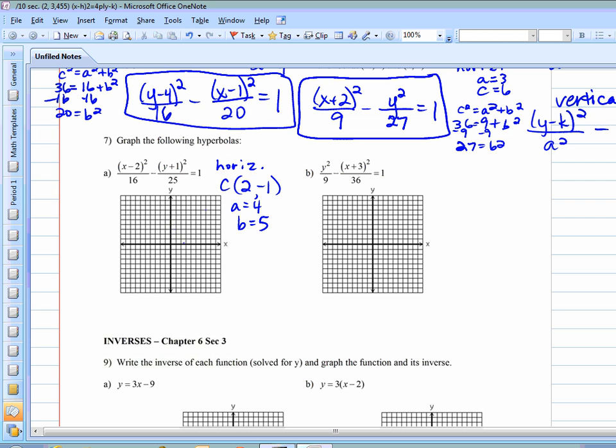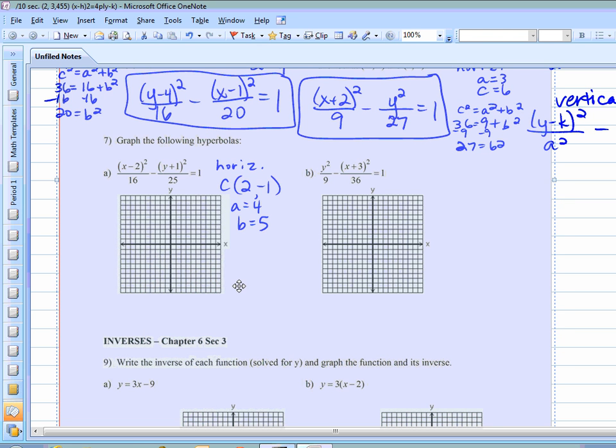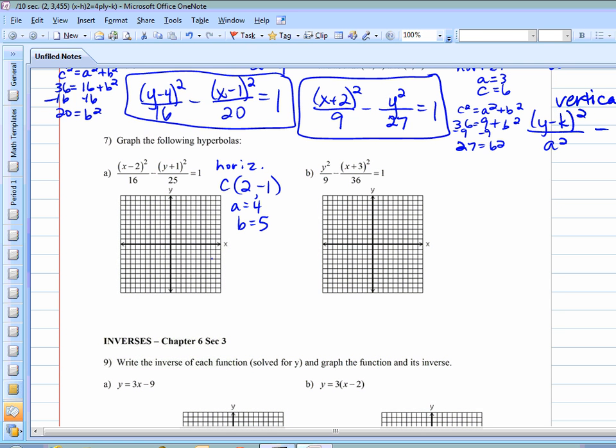We have 2, -1 is our center. Because it's horizontal, we have to go horizontally the A amount and vertically the B amount.